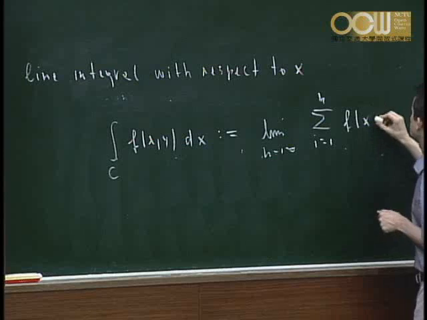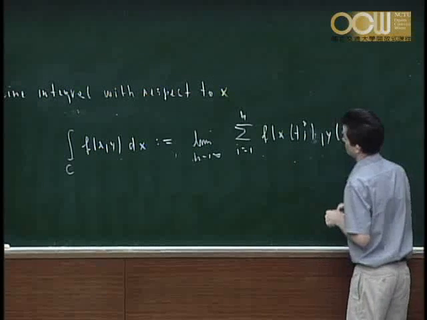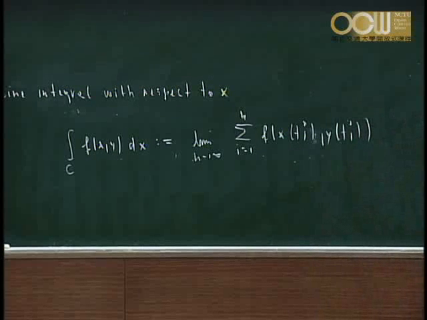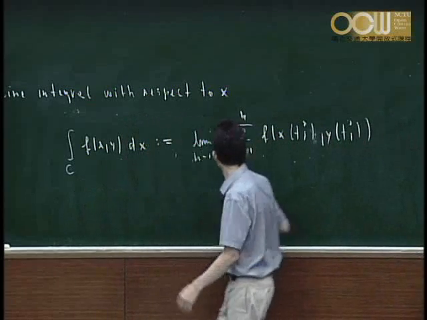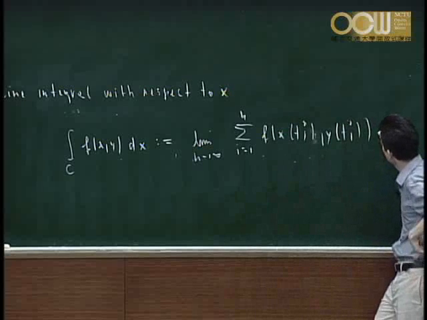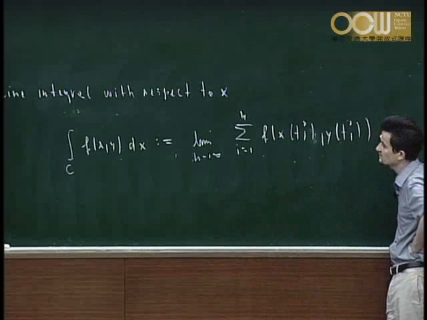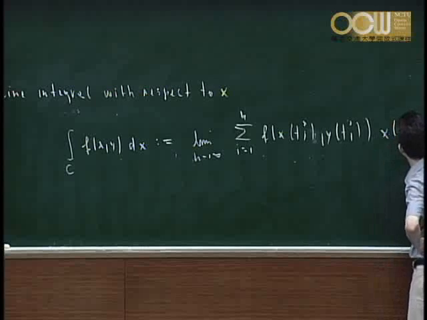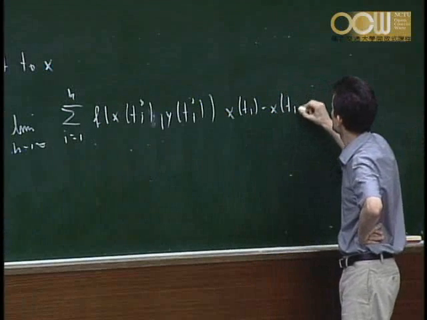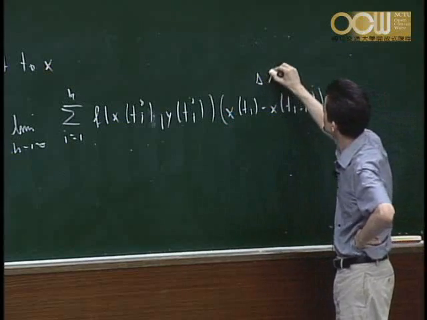So we look at the similar sum. But the only difference is that for the line integral we defined before, we had here the length of the arc from the point p i minus 1 to p i. Now we just look at the x coordinate. So now we just look at x of t i minus x of t i minus 1, or you can write for this delta x.